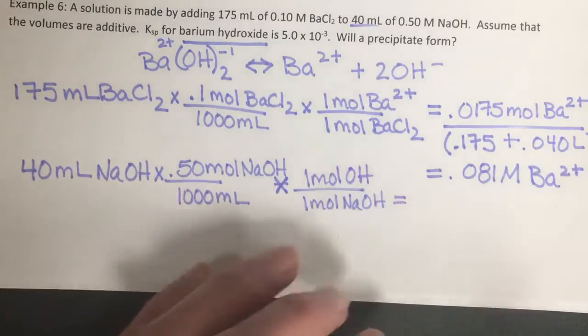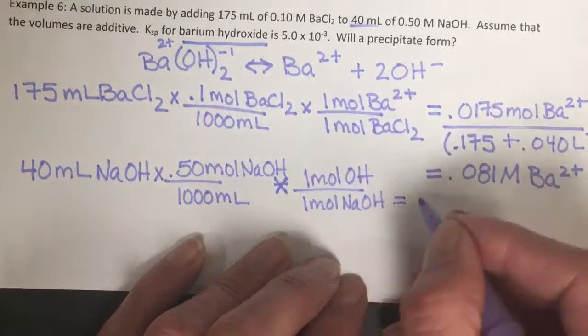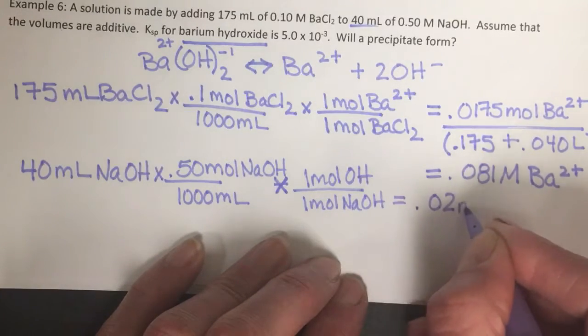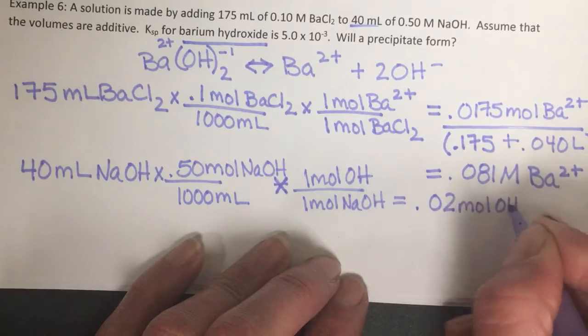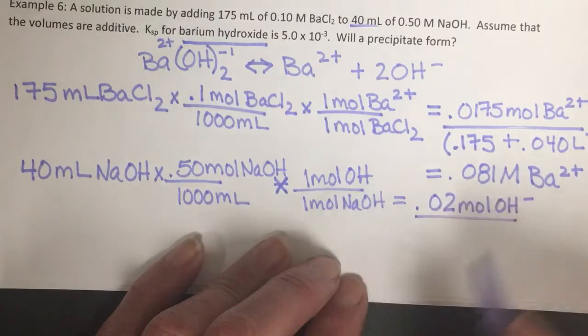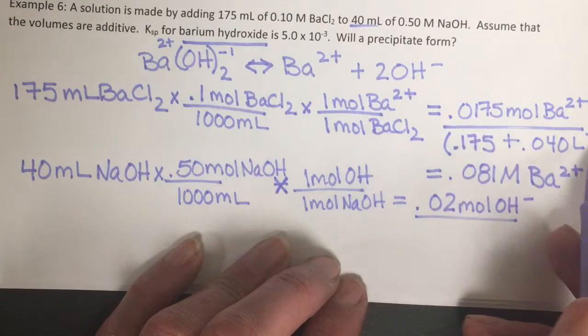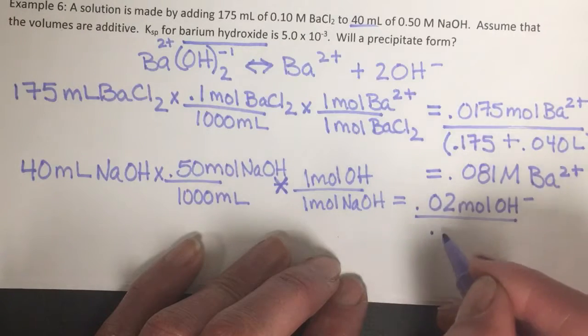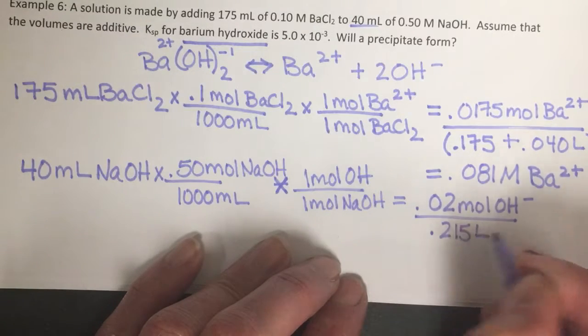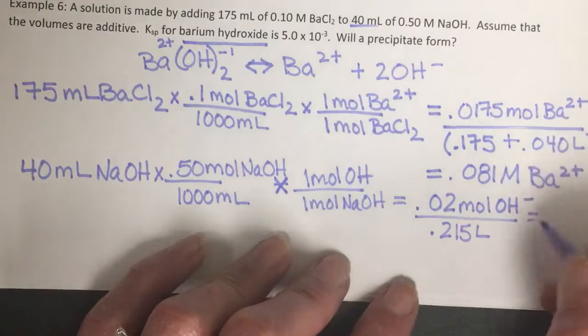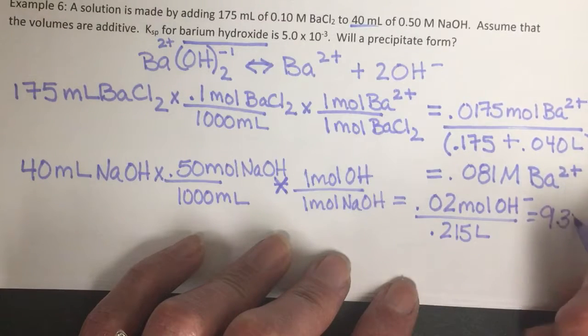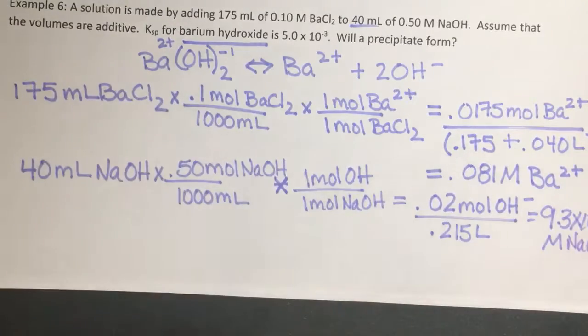So that tells me I've got 0.02 moles of OH minus. I need to divide it by my total volume. If you plug that in, you get 0.215 liters. So that gives me 9.3 times 10 to the negative 5th molar NaOH.